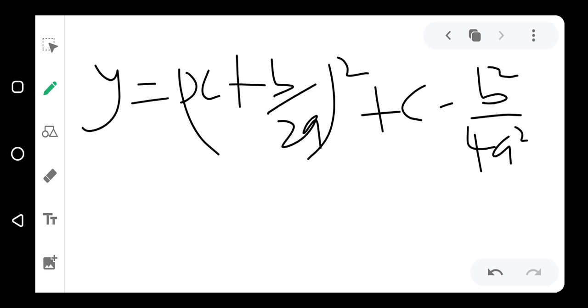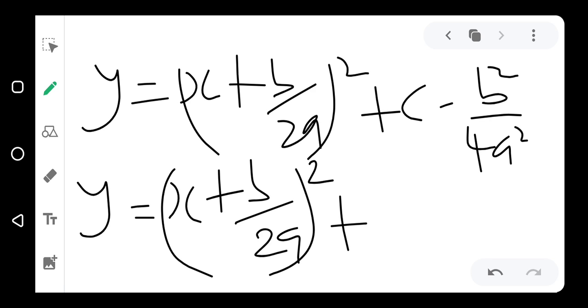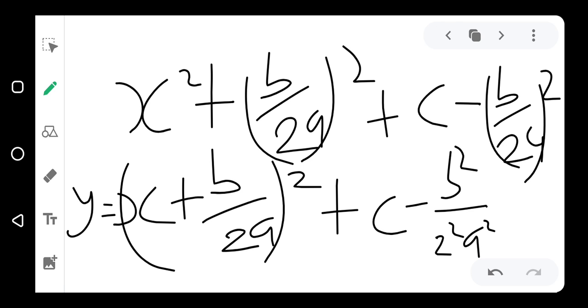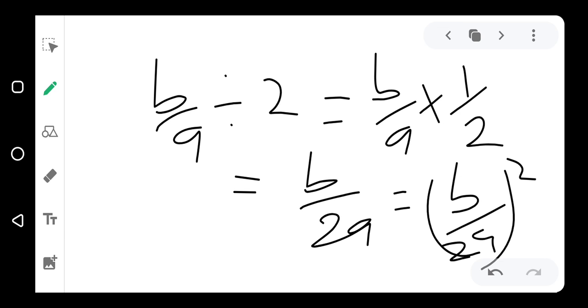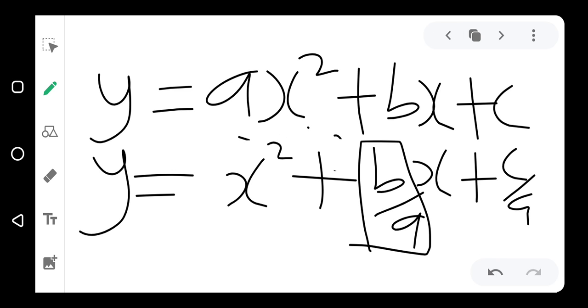Now this gives us y equal to x plus b over 2a squared, plus LCM is 4a, this is c over a, okay, because we divided through with a.